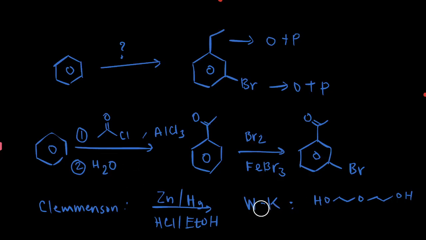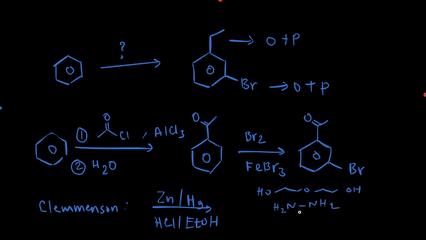So let me rewrite that again, a bit smaller. Again, this is with KOH. Then all of this is at 200 degrees Celsius. Let's see, does that fit? Yeah, that should fit in the screen. So this is the workup for our Wolff-Kishner.